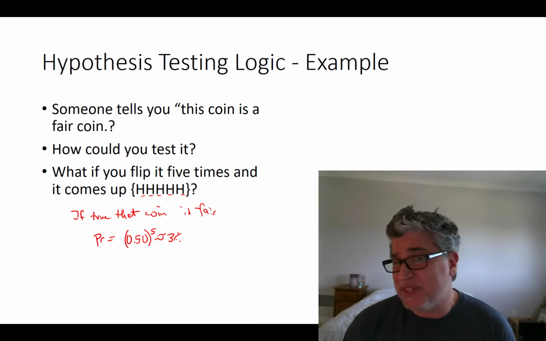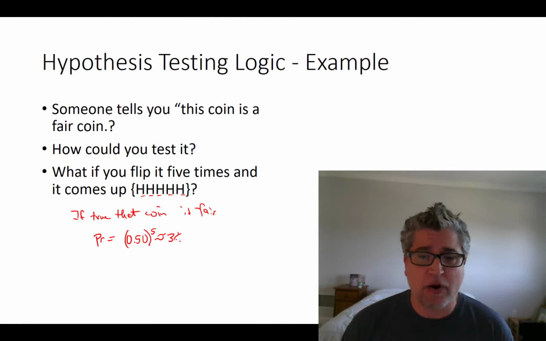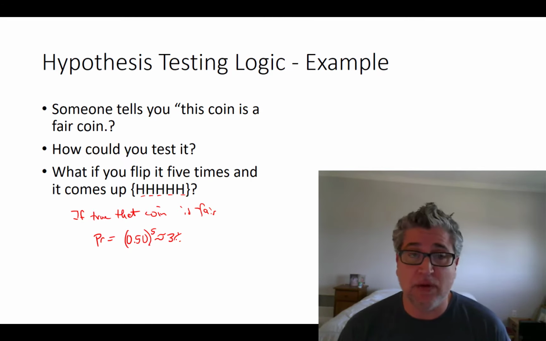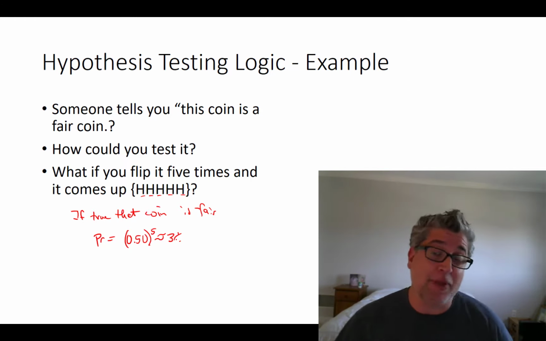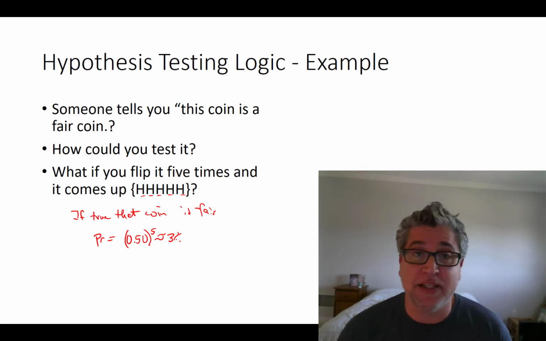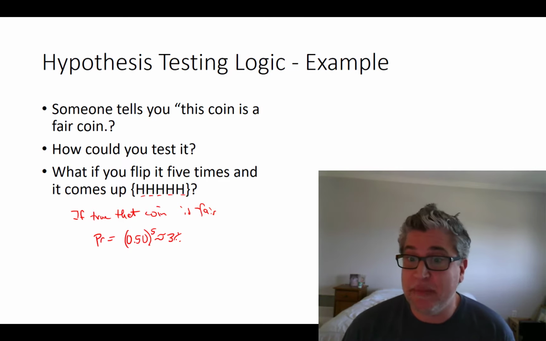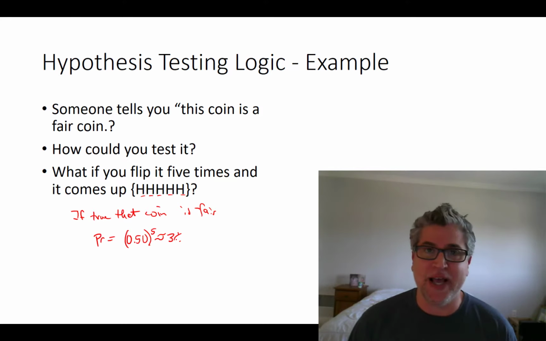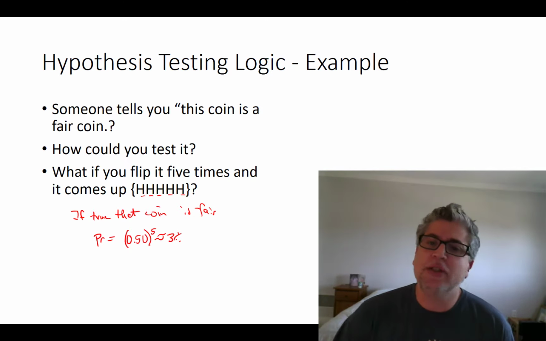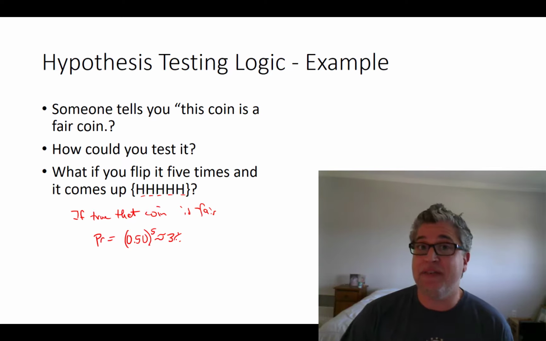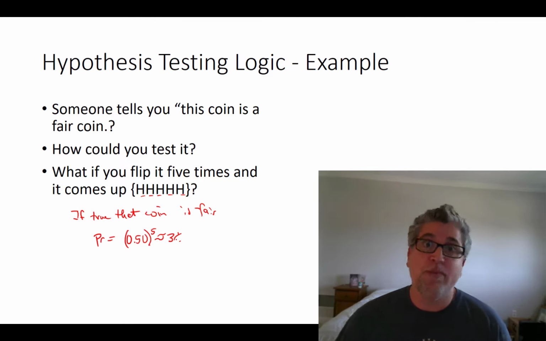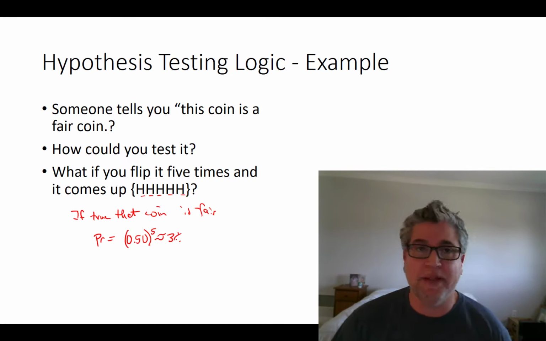Which is to say, it's kind of unlikely that a fair coin would give you 5 heads in a row. I mean, it could happen. In fact, it will happen 3% of the time. But you're just kind of thinking, maybe this is a trick coin. Maybe it's a double-sided coin, or whatever they call it when both sides are heads. So on the strength of the sample evidence, you might reject the claim that someone made that the coin was fair. So that's the general idea.